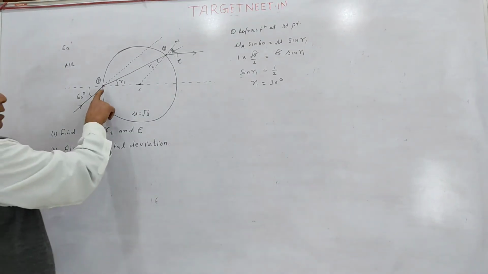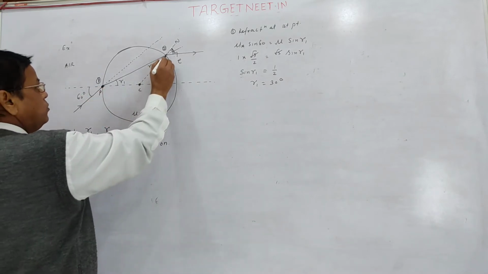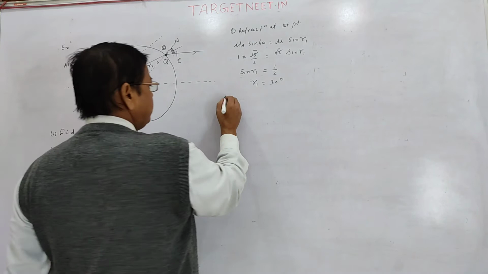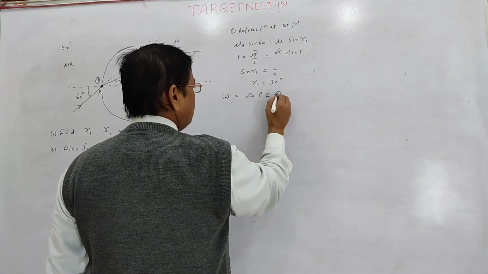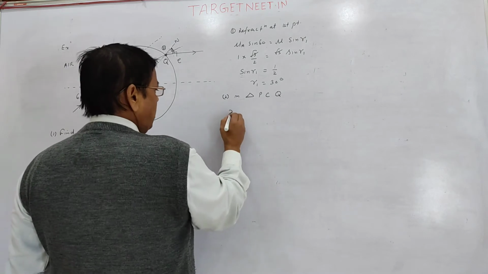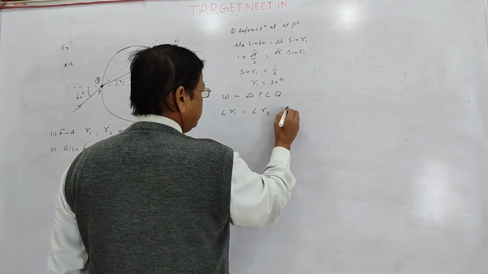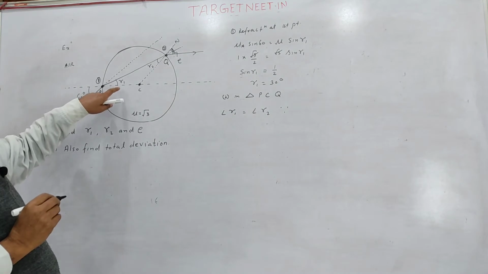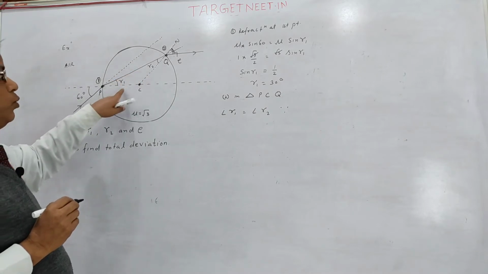Now you know, in a triangle, suppose this is point P, this is point C and this is point Q. So in triangle PCQ, angle R1 is equal to angle R2, because angles in front of equal sides are equal.